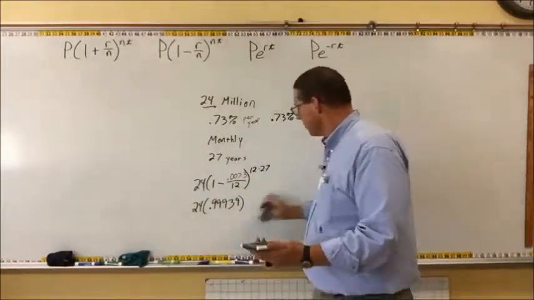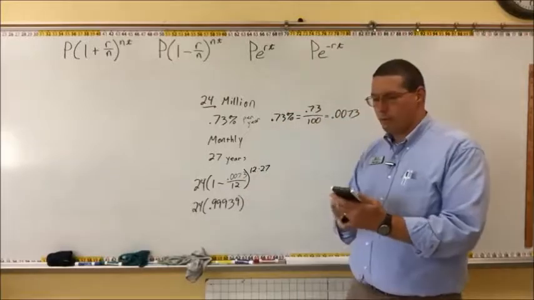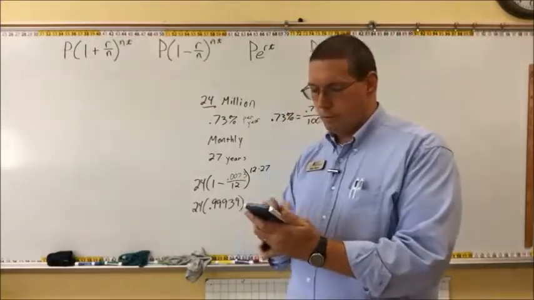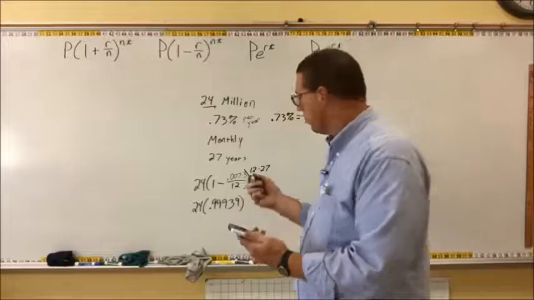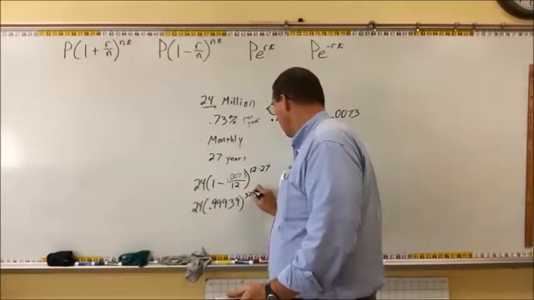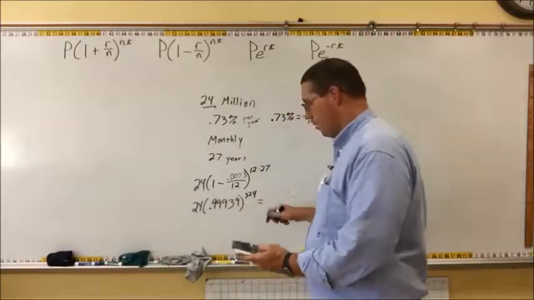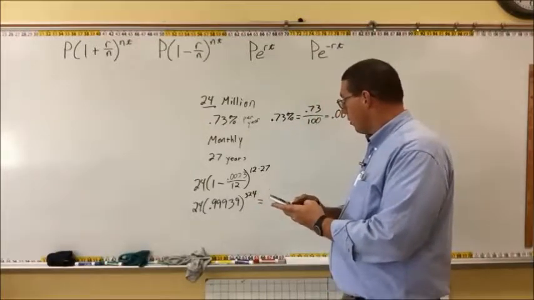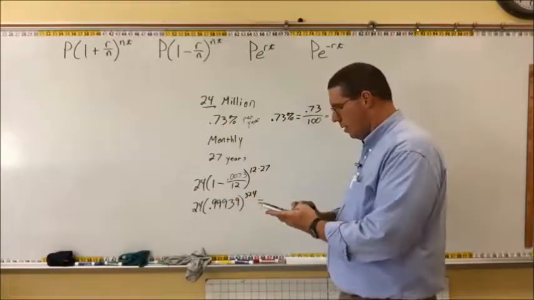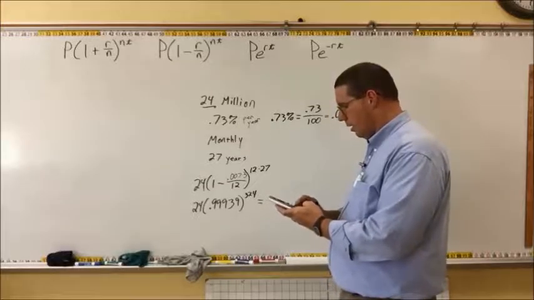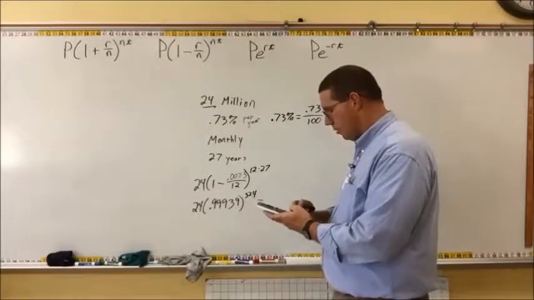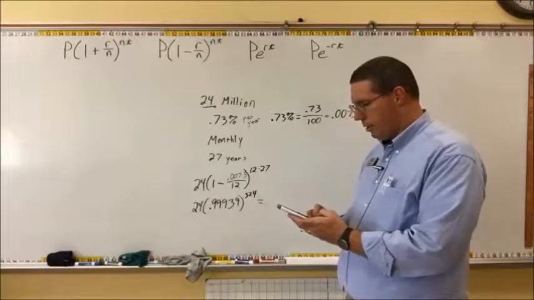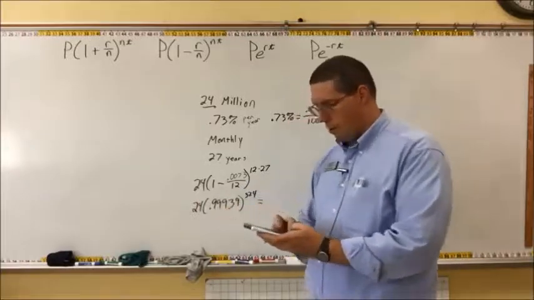So now, to the power of 12 times 27, that's 324. And now if we plug that into the calculator, we want to do 0.99939 to the power of 324 times 24.